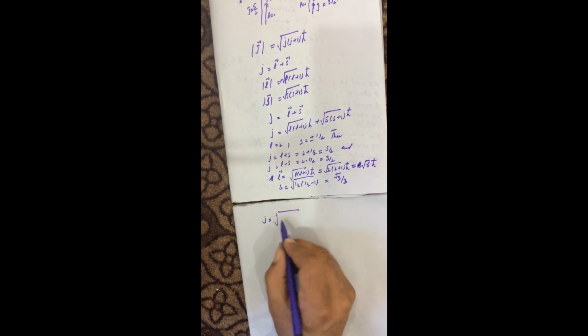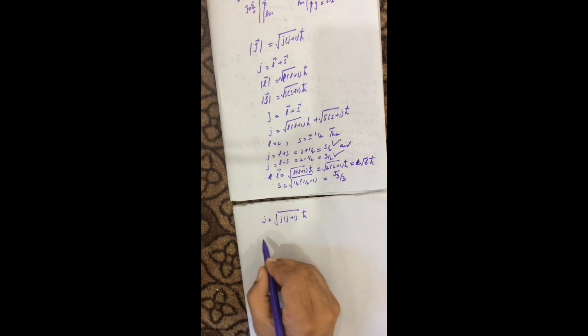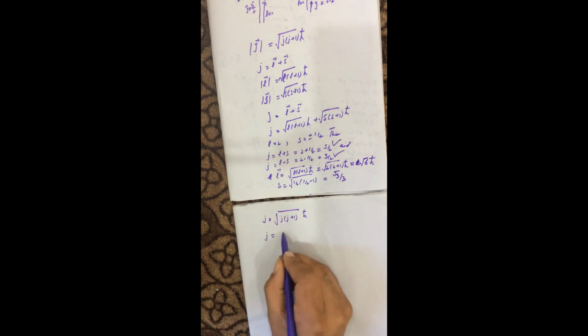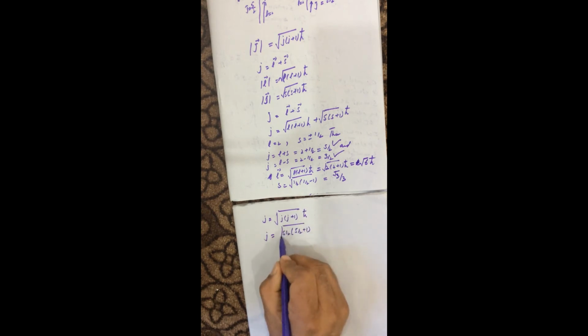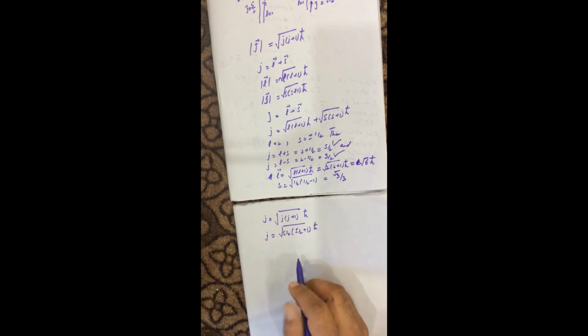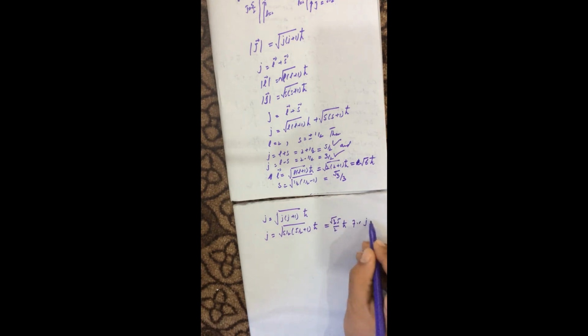Now J will be equal to the square root of j into j plus 1 times h bar. Now j has two values, one is 5/2 and the other one is 3/2. So J is equal to the square root of 5/2 into 5/2 plus 1, times h bar. So from this we get square root 35 divided by 2 h bar for j is equal to 5/2.